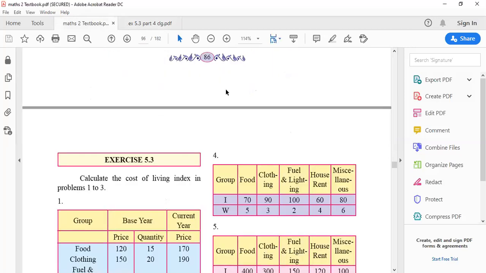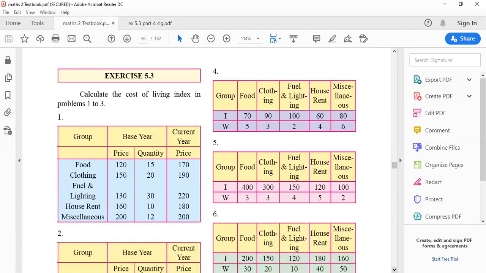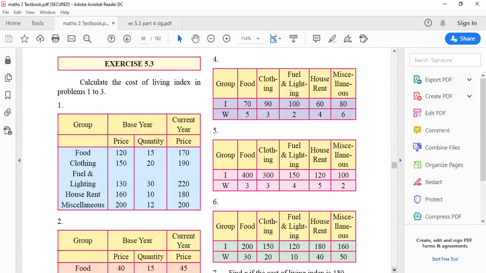Okay. So this is the exercise which we are going to start. Exercise 5.3, sum number 1. Now how will you recognize it apart from the heading mentioned? As you can see, the heading is cost of living index. But now see the columns which they have given: group, base year price, quantity, and current year price.